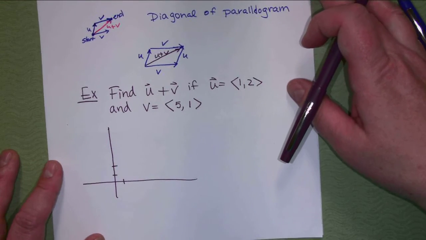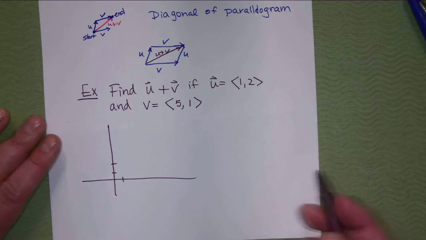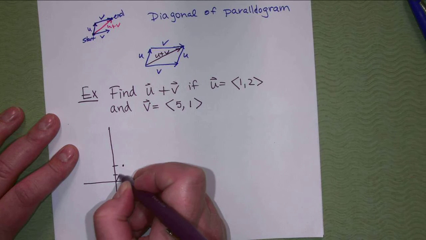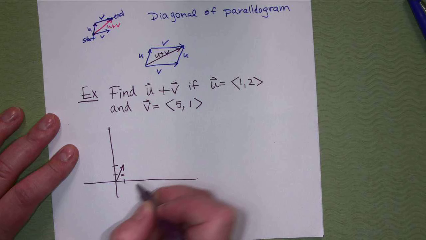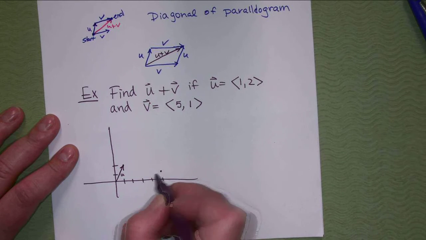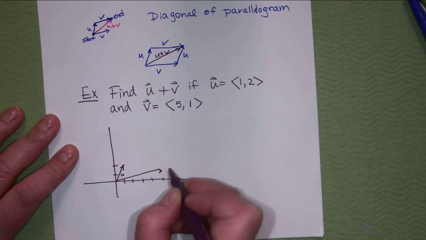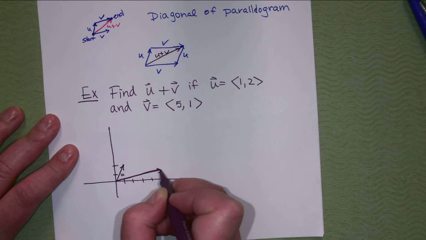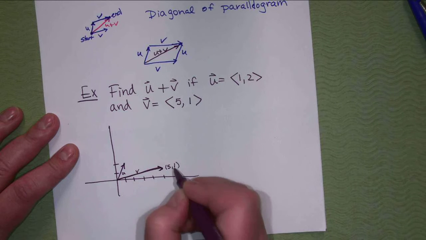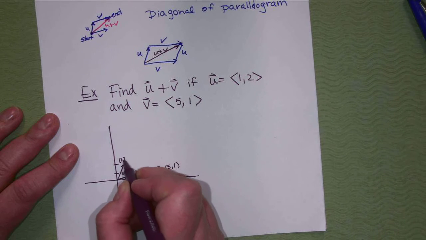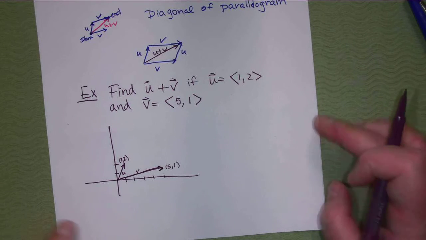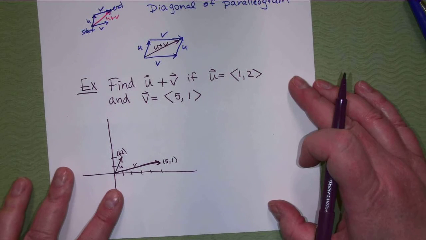So let's say U is (1, 2), and V is (5, 1). I put round brackets because I'm showing the end point, not the vector, the point. And I've just drawn these in standard position.